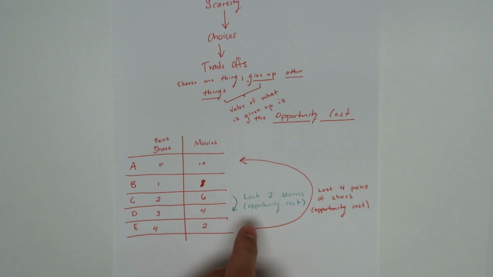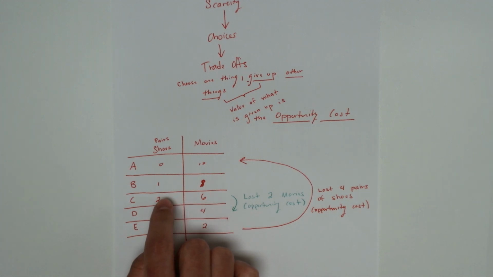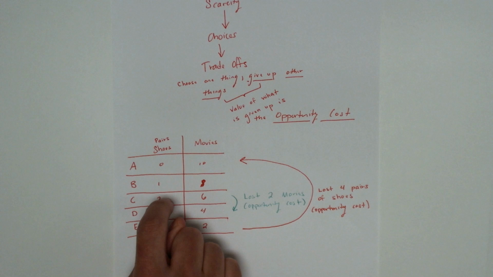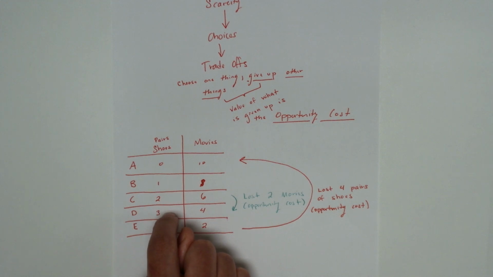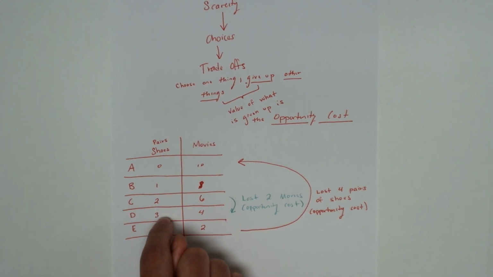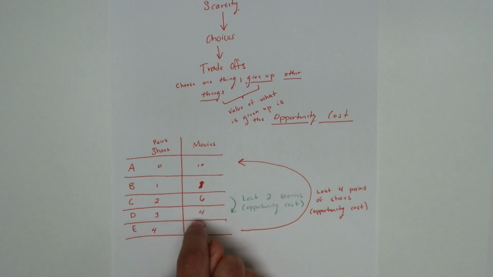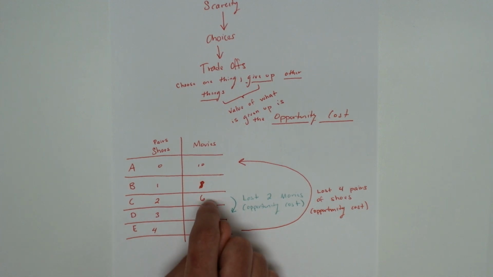Now, if I'm thinking that I want to buy an additional pair of shoes, then I would go from 2 to 3. So I got an additional pair of shoes right here, went from 2 to 3. But by doing so, I'm gonna have less money available to watch movies. So I went from having the money to buy 6 movies to now only being able to watch 4 movies.